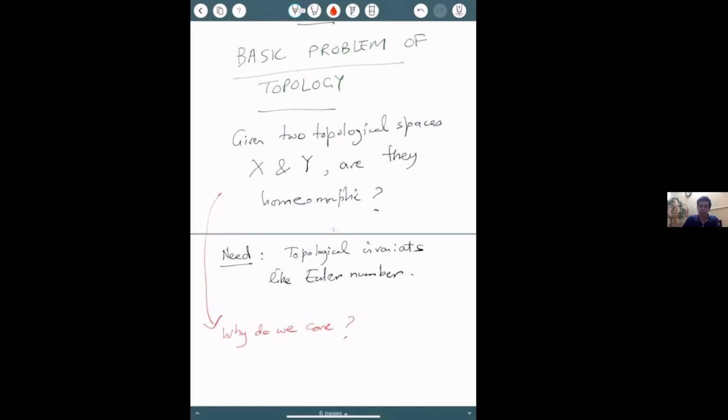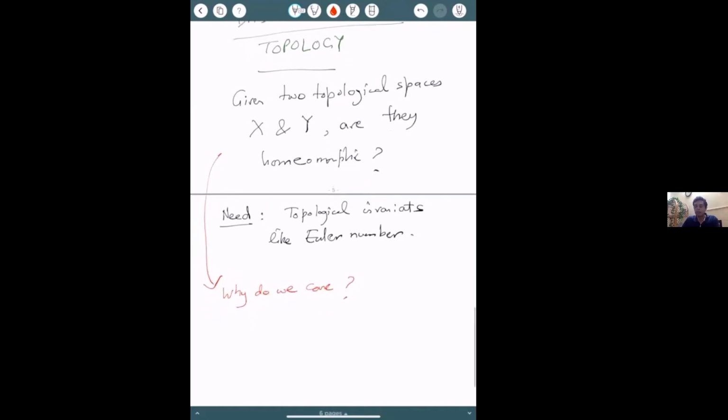It turns out that these various shapes, these topological spaces, arise often in the sciences, and also in engineering.